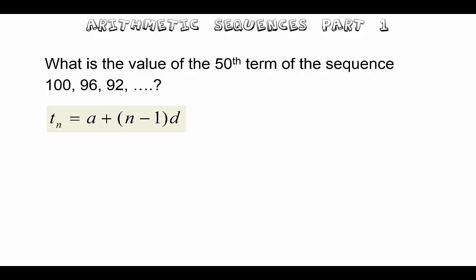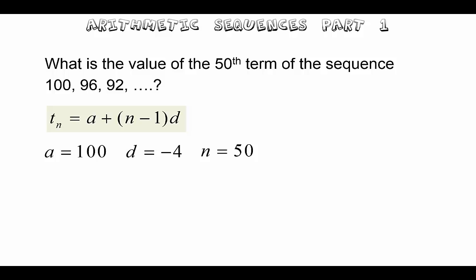We need three values, one for the first term a, one for the common difference d, and one for the value of n, the term that we are looking to evaluate. Our first term is 100. The common difference is -4 because the terms are decreasing by 4, and n will be 50 because we are looking for the 50th term of the sequence.